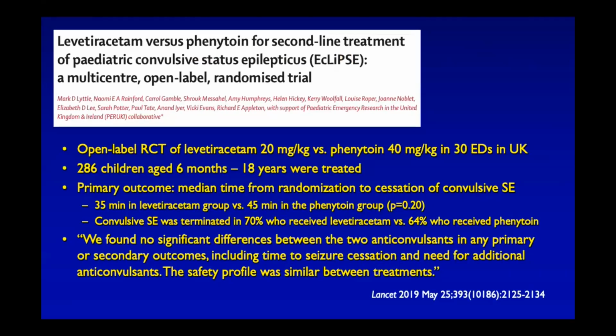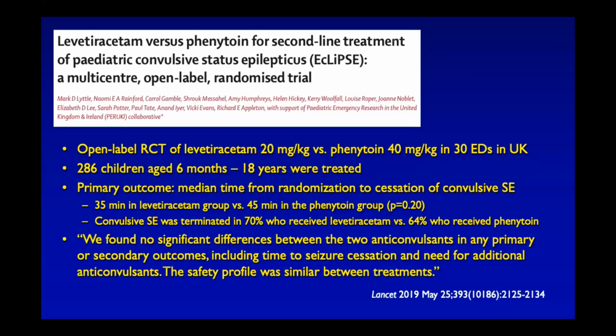This open-label randomized controlled trial was of levetiracetam 20 milligrams per kilogram versus phenytoin 40 milligrams per kilogram, conducted in 30 emergency departments in the United Kingdom. 286 children aged between 6 months and 18 years were treated with either levetiracetam or phenytoin, and the primary outcome was the median time from randomization to cessation of convulsive status epilepticus.